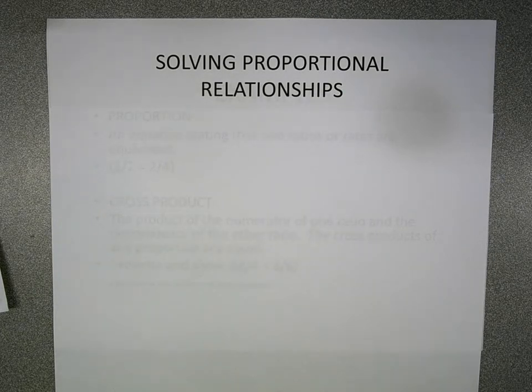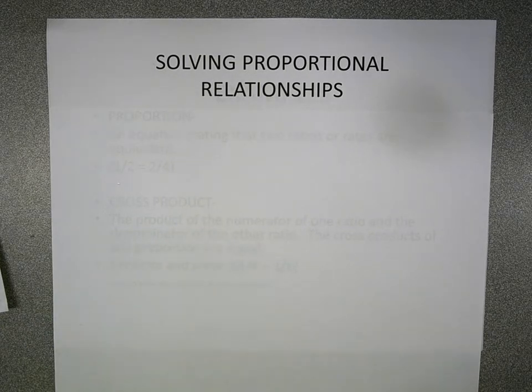So for example, 67 miles in 1 hour becomes 67 miles per hour. Then our second lesson, our last lesson, had to do with using our unit rates and being able to use that knowledge to find out whether or not relationships are what we call proportional or non-proportional.